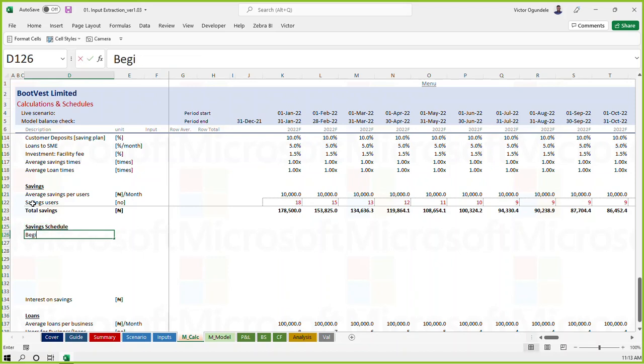So we're going to have our beginning balance. Let's add our new savings. Then let's say some withdrawal. Then we have our ending balance.